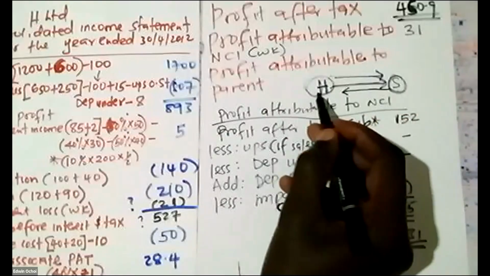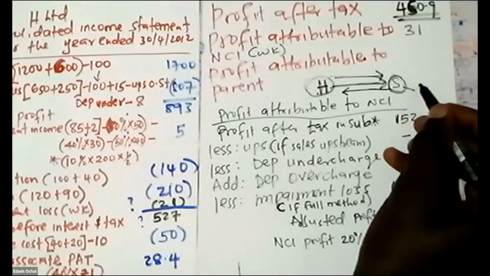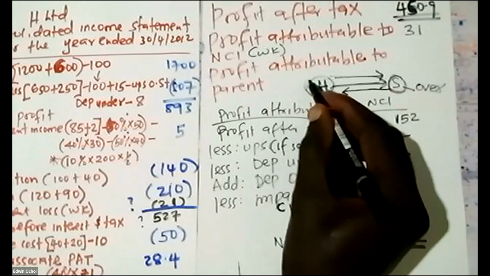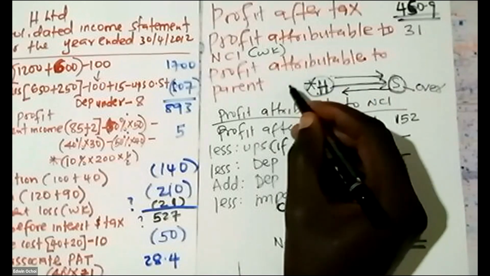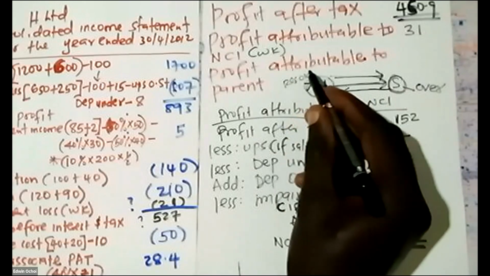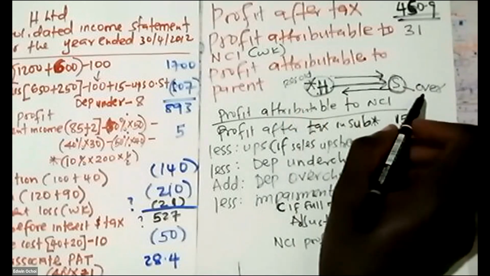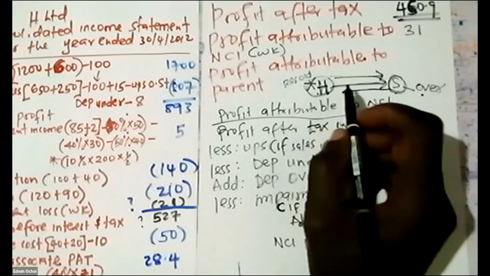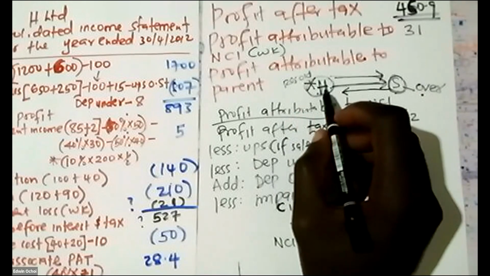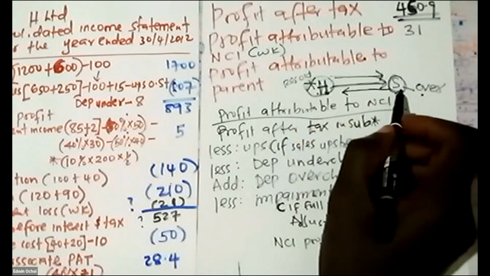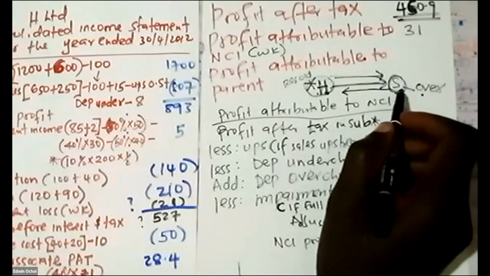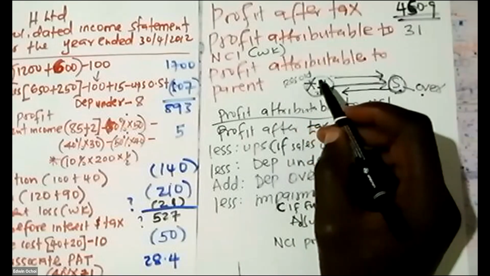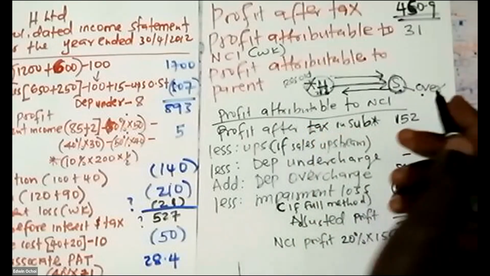So if this one was selling goods here, remember that this profit was overstated, because you will find that H has not resold all the goods received from S. So if it was upstream, S sold goods here, then on this side H has not resold all the goods received from S. So this profit of S will be overstated by what the parent never realized, because he never resold all the goods he received from S. Is that fine?